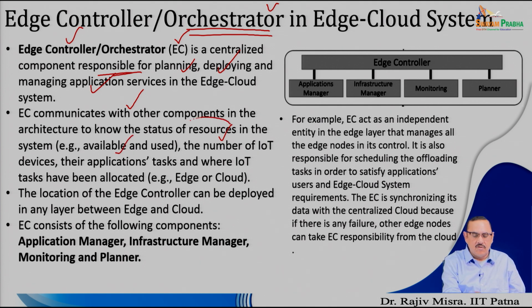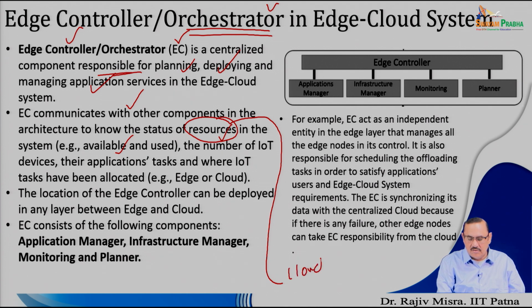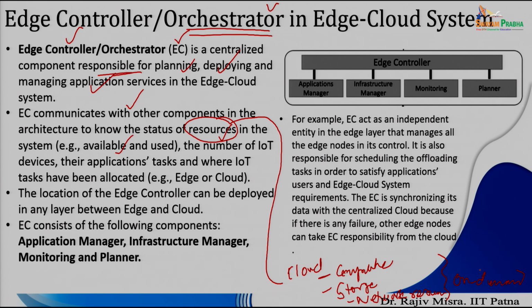If you want to know what we mean by the resources of an edge cloud system, you have to refer back to the fundamentals of a cloud, which says that the cloud provides the compute, storage and the network resources on demand. And two models are there, whether it is a private cloud or a public cloud, both models support these resources in cloud computing.